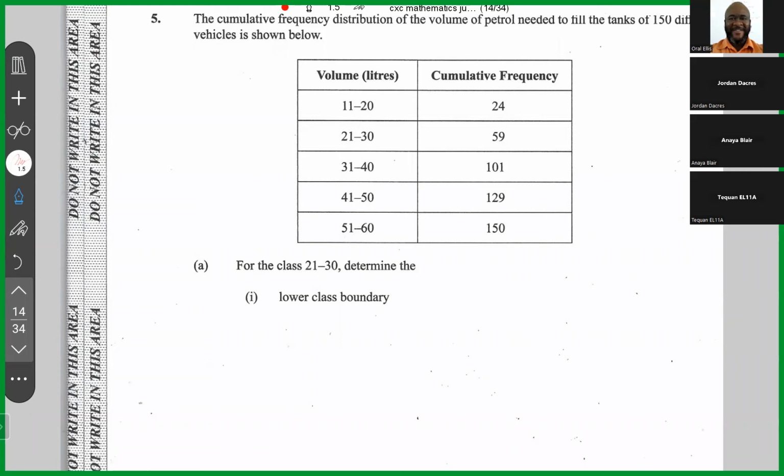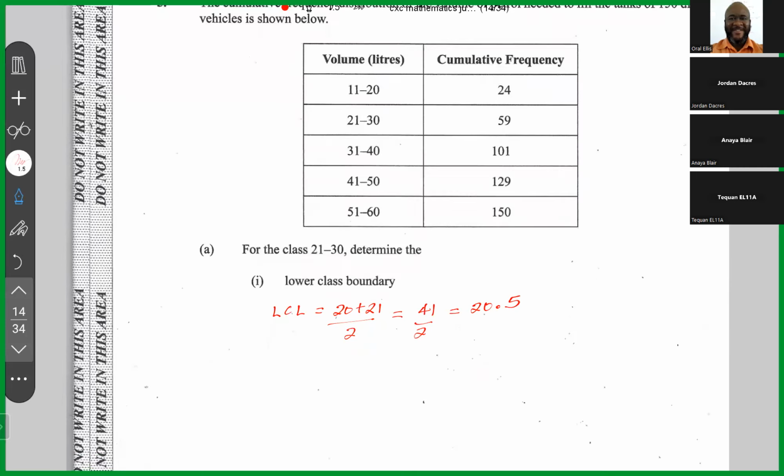So this is 41 over 2, which is 20.5. So the lower class boundary for the class 21 to 30 is 20.5.